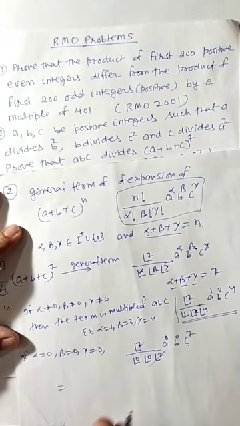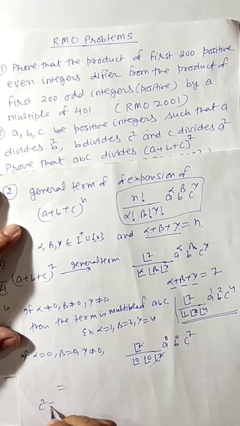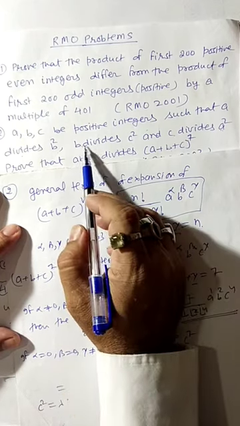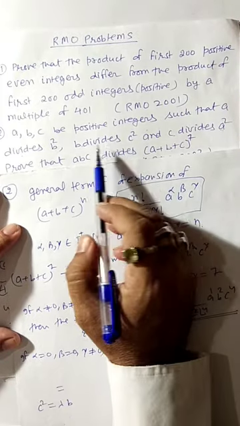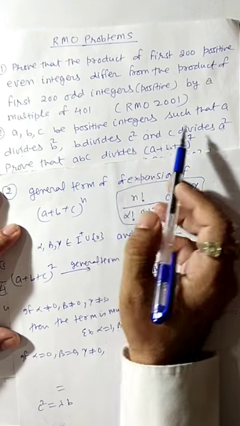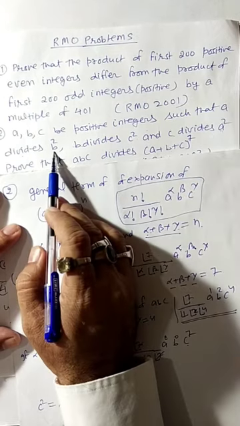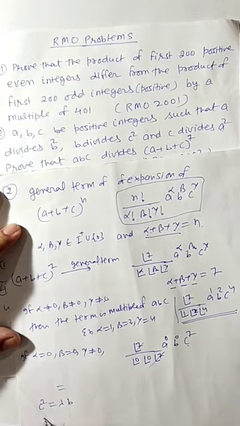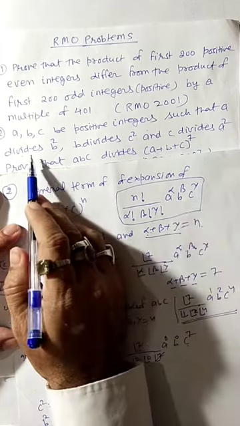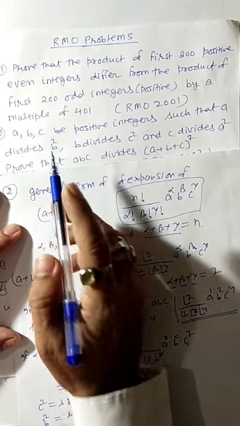So by this, c square can be written as lambda times b, since b divides c square. And a divides b square means you can say b square equals mu times a.